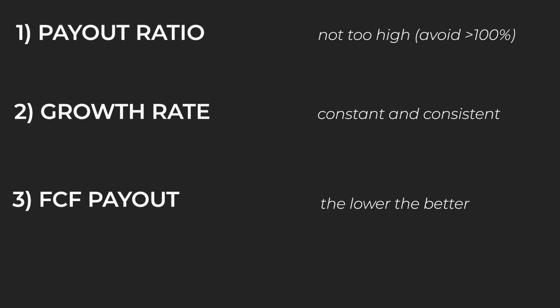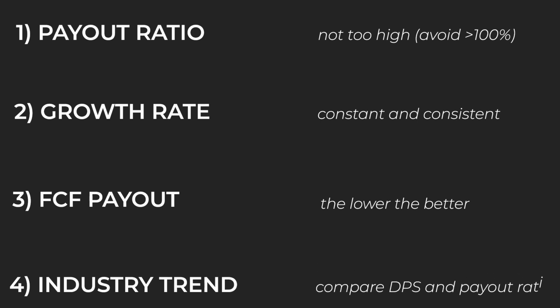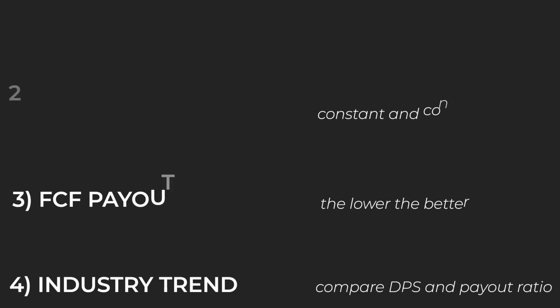And finally, the fourth metric that I would suggest you use is to compare the dividend per share and the payout ratio with those of the industry and the peers of the company, because those trends usually might influence the sustainability of the dividend going forward.